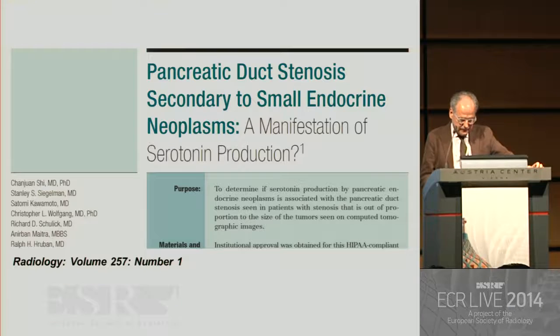And for this reason, they produce fibrosis and stenosis of the main pancreatic duct. And I can address you to this interesting paper that reports a number of cases like this, pancreatic duct stenosis secondary to small neuroendocrine neoplasm, a manifestation of serotonin production, a particular manifestation of this heterogeneous family of tumors.